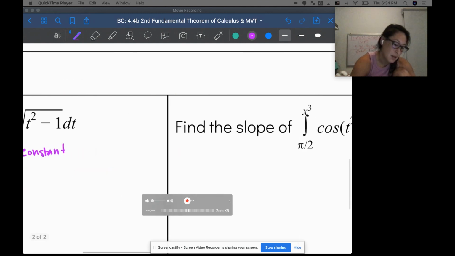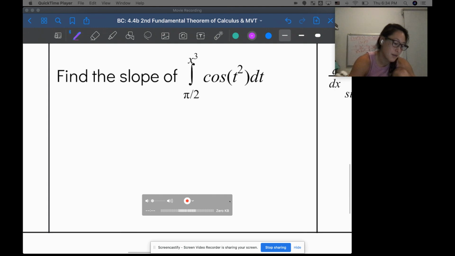Okay, next up, we're going to find the slope of the integral from pi over 2 to x cubed of cosine t squared dt. So I'm looking to see if anything is a constant. Constant.